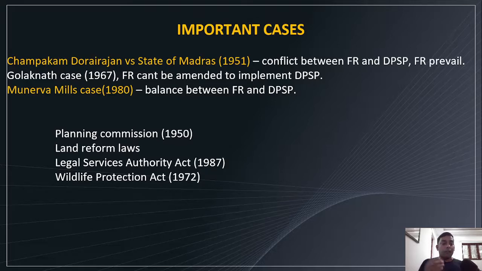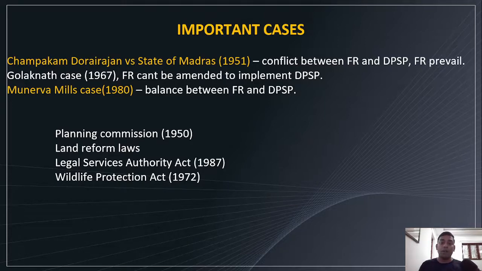Then we can see some of the institutions that were established on the basis of DPSP, Directive Principles of State Policy. One is the Planning Commission, which was established in 1950, which introduced the 5-year plans. Then land reform laws.